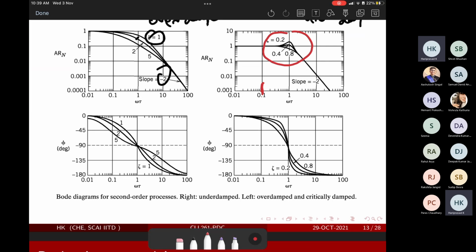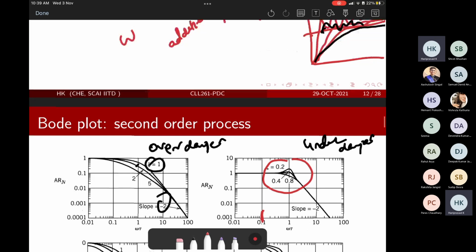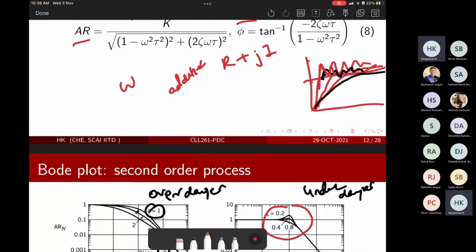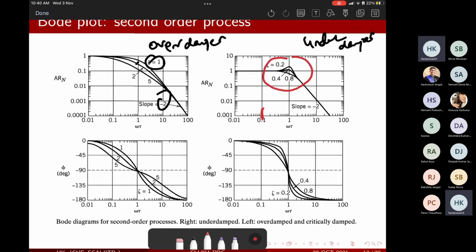For different values of zeta, you would see different responses, otherwise they all behave the same. This is the point where the oscillation finally dies out. This is also the frequency regime that generates that oscillation, and eventually it dies out.